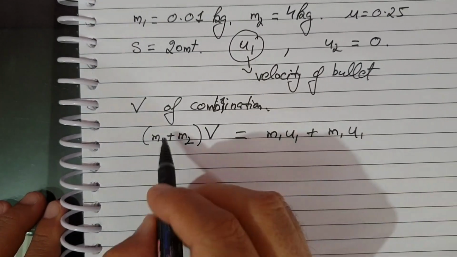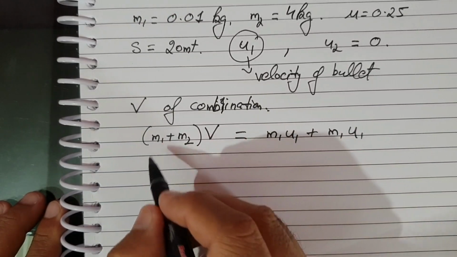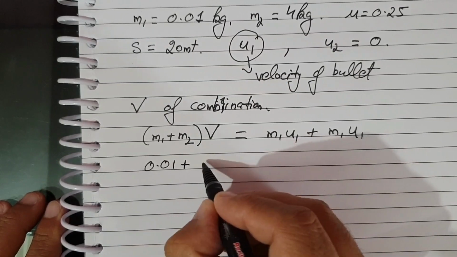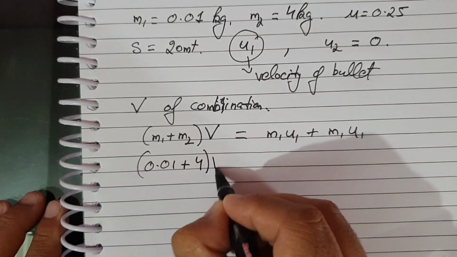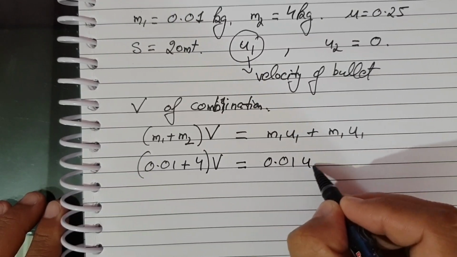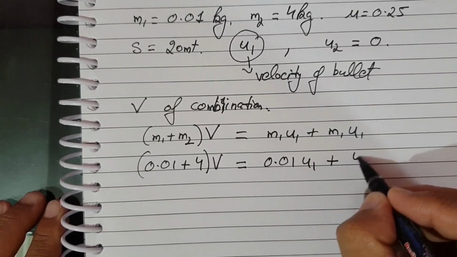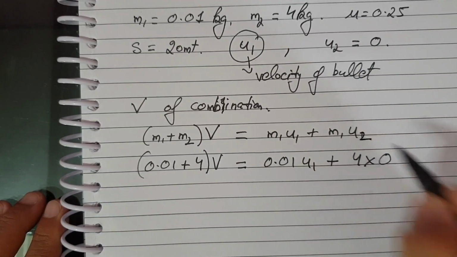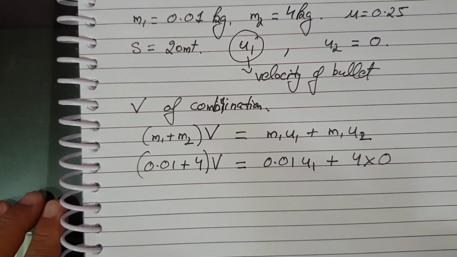Substituting the values: 0.01 plus 4, into v, equals 0.01 u1 plus 4 into 0, because u2 is 0.